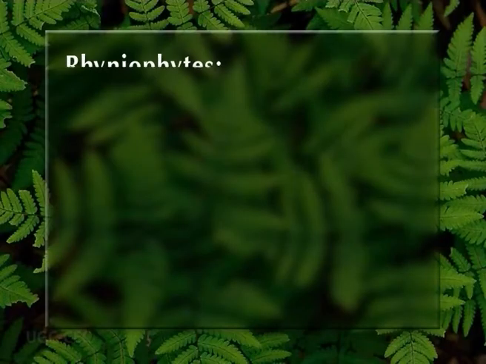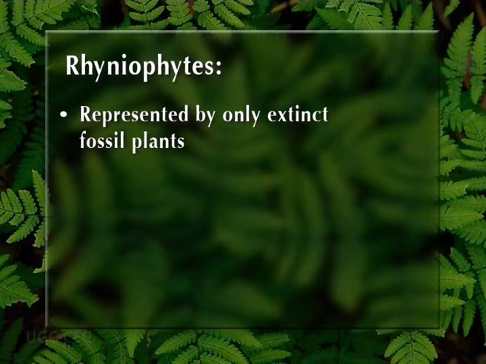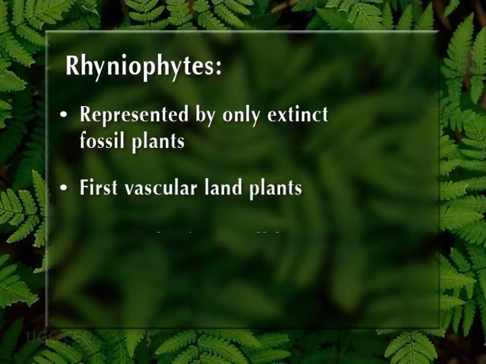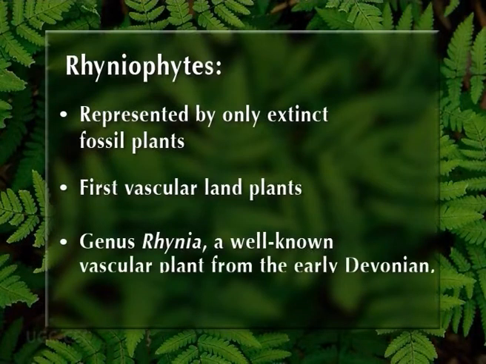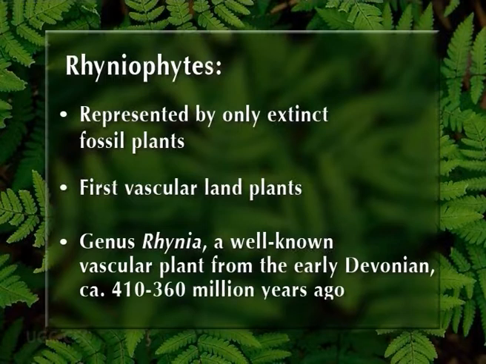Number first, Rhyniophytes. The Rhyniophytes, represented by only extinct fossil plants, were among the first vascular plants. It includes the genus Rhynia, a well-known vascular plant from the early Devonian, about 410 to 360 million years ago.